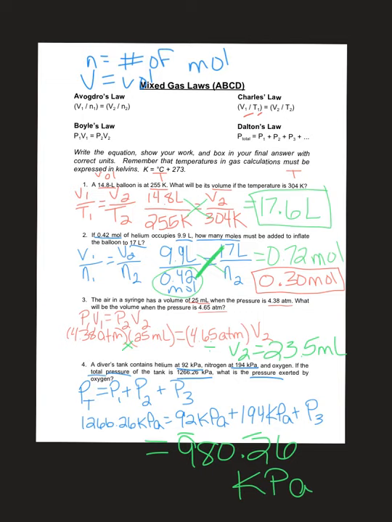And once you do that, plug in your numbers. The ones are before any change took place, and the twos are after any change took place. And you're just simply going to cross multiply. Multiply two numbers together, divide by the third. Watch out for your units. Read the question carefully.